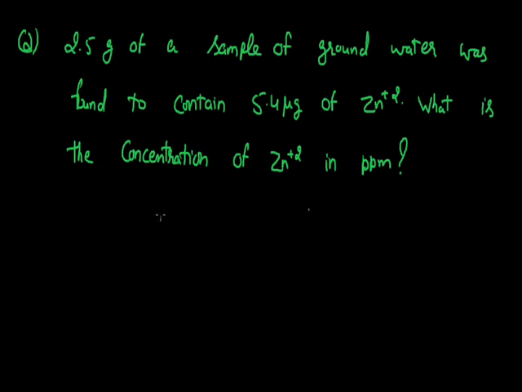As we know, parts per million is equal to the mass of solute, given as 5.4 microgram, and since in this formula we put the mass in gram, we multiply 5.4 by 10 to the power minus 6 to convert it into gram, divided by the mass of solution, which is given as 2.5 gram.